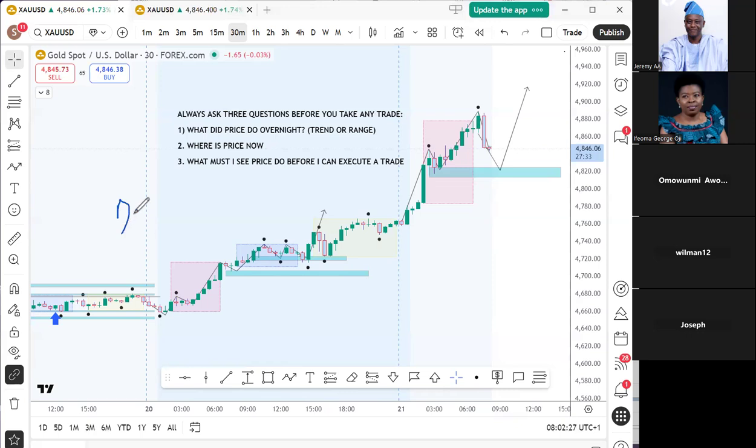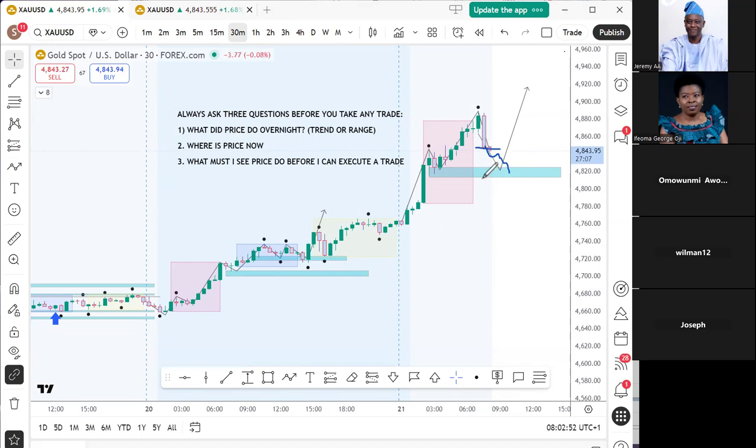We're looking at break of structures, BOS. We're looking at market structure shifts. And we're also looking at rejection candles, RC. Now, this engulfing candle here is a rejection candle, which tells us that price has a potential to actually move down.